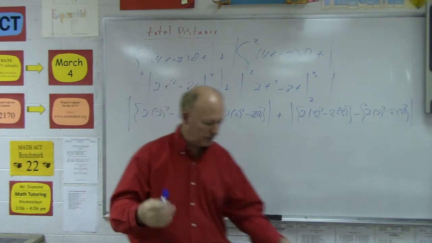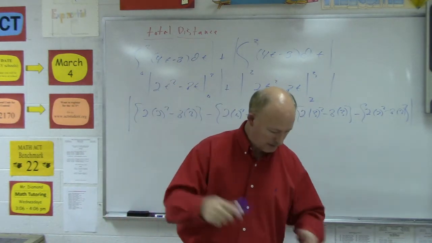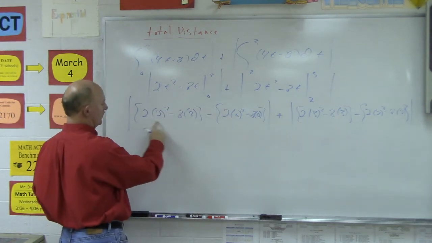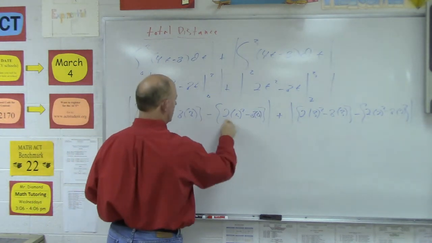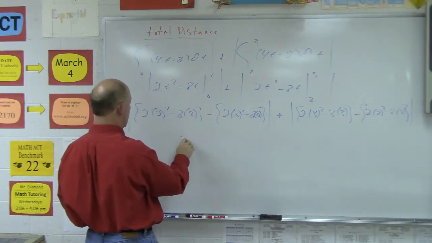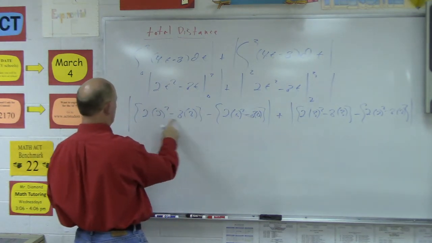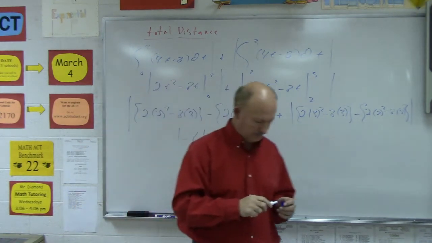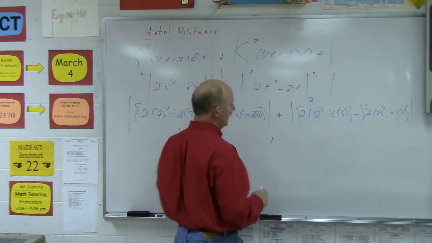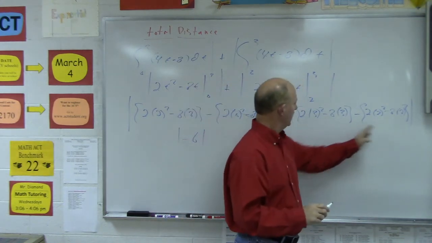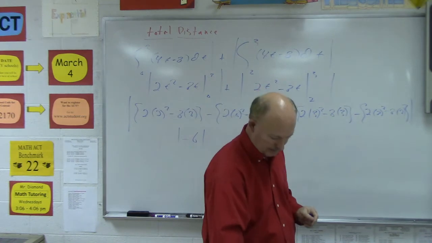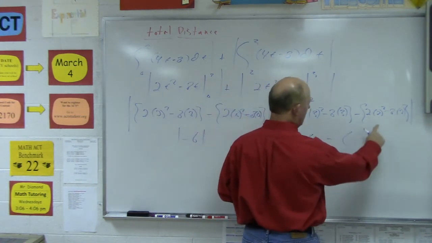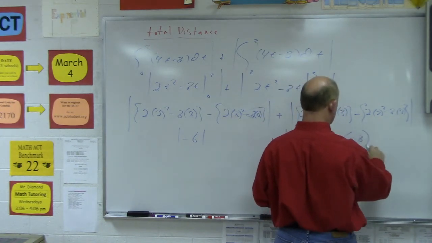All right, now I've already done the arithmetic, so I'm going to skip it here just to move things along. This will give us 8 minus 16. This is all 0 here. So 8 minus 16 will be negative 8, absolute value of negative 8. Plus, as we evaluate the upper bound minus the lower bound in the second integral, we end up with the absolute value of negative 6 minus negative 8.